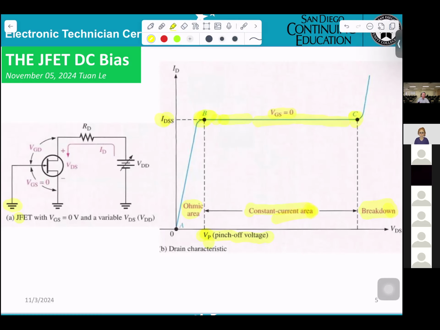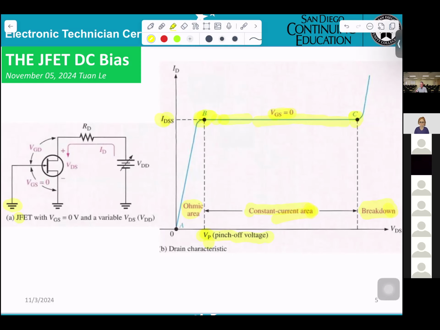So when the current increases up to the point, VGS equals 0, that's what we're talking about. Current of the JFET will be constant, and it will be equal IDSS.